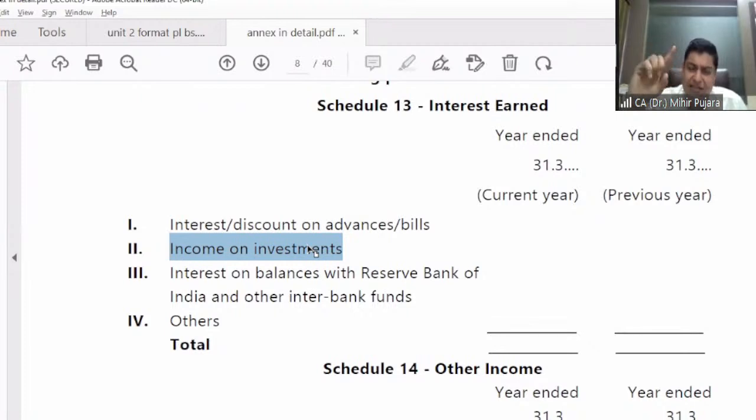Please write it, guys. Interest on advances and bills first. Interest from RBI and other banks is second. Discount received is third. And income from investment is fourth. Done, guys? So 4 amounts are in 13.